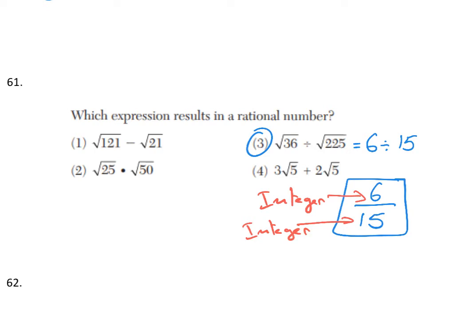We know that 21 is not a perfect square, and 50 is not a perfect square either, so we're going to get an irrational number, and we know the square root of 5 is irrational. We're not going to get a rational number. So the only answer is going to be 3, which gives me 6 over 15, integer over integer. That's good enough to explain this is the correct answer.